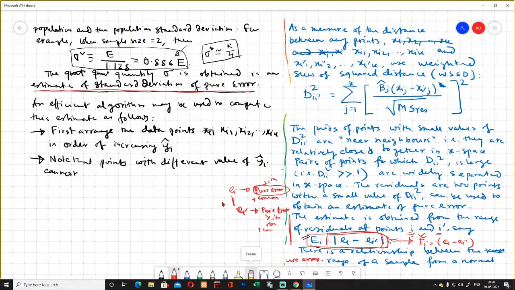So the sample median can be an estimate of the population mean, or you can think of the location parameter.